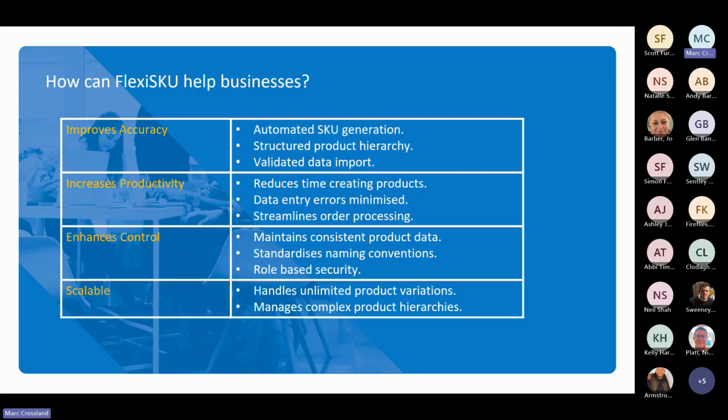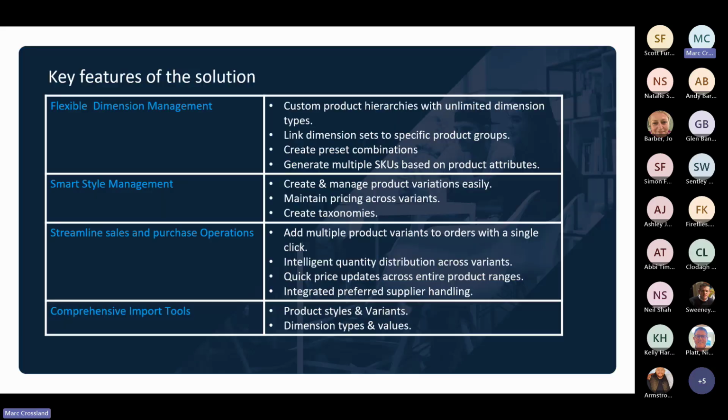We can also, importantly, import data from products that are already set up into our hierarchy. We reduce time and increase productivity. It gives you more consistent control over products, as again it integrates seamlessly with your existing product list. Standardized name conventions, and we've got role-based security. It's fully scalable. It'll handle unlimited product variations and complex product hierarchies.